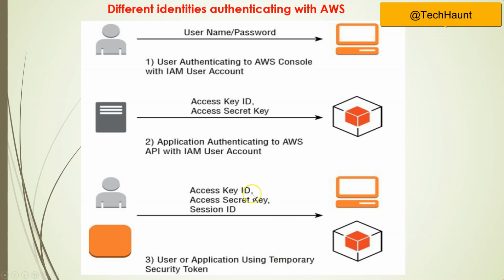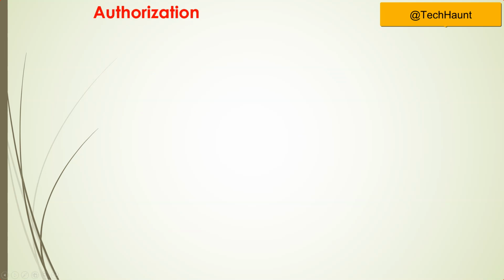So these are the three identities to authenticate with AWS. The first one is the username and password, another one is the access key ID, and the third one is the access key ID plus the secret key. These are the different identities available in AWS.